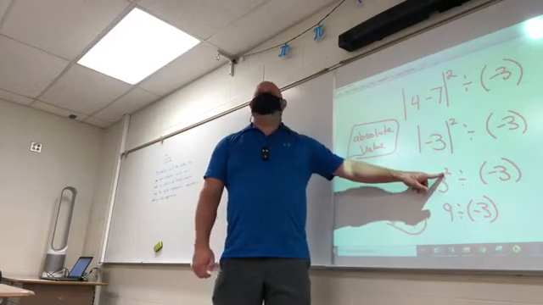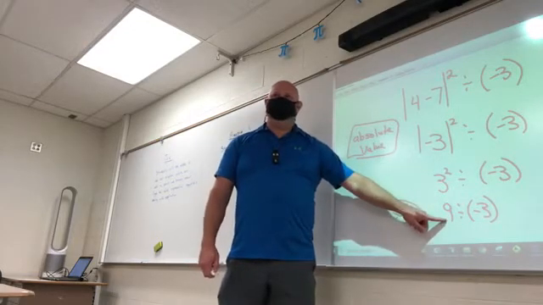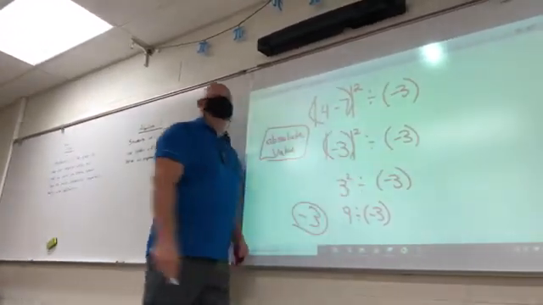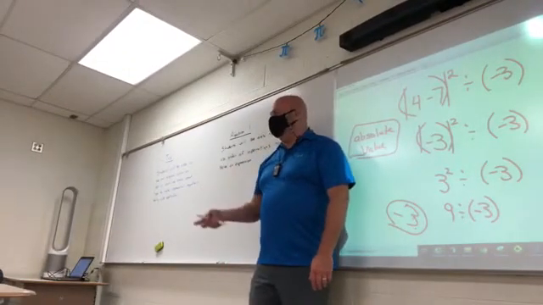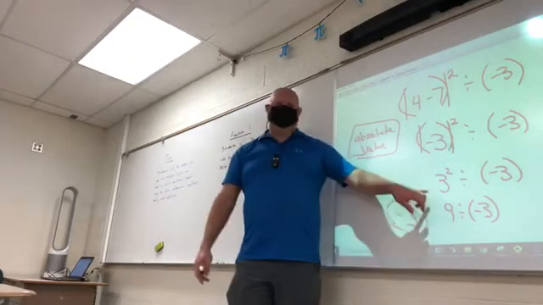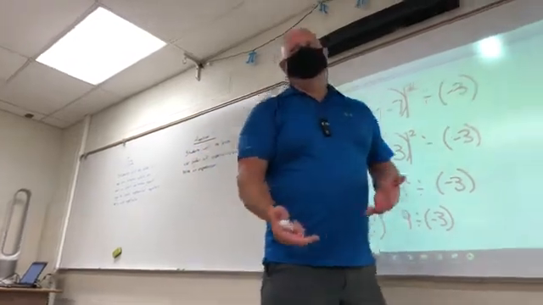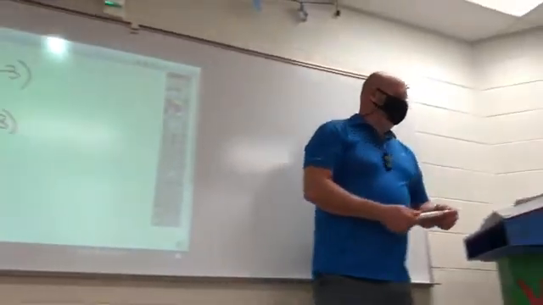What would have happened if I had squared a negative 3 anyway? If these were regular parentheses, would I have gotten the exact same answer? Because what's negative 3 squared? Isn't it positive 9 anyway? So whether it was the absolute value or not, in this case it didn't actually matter to us.